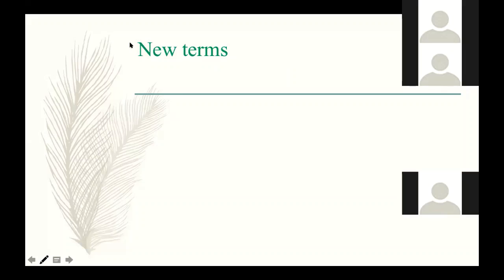Before we start, I want to introduce some new terms. Those are the terms that we're going to use many times in today's class. If you have problems with the terms, it will be very difficult to continue. The first one is an adjective, prenominal.